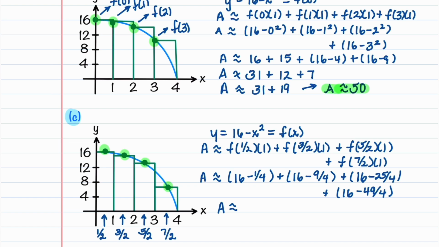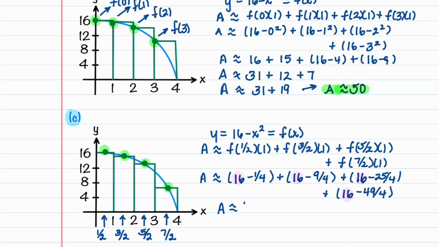One thing that is going to make our calculation a lot easier is if we go ahead and add all 4 of our 16s together. So this is going to be 16 times 4. And then we're going to subtract 1/4, 9 over 4, minus 25 over 4, and minus 49 over 4.